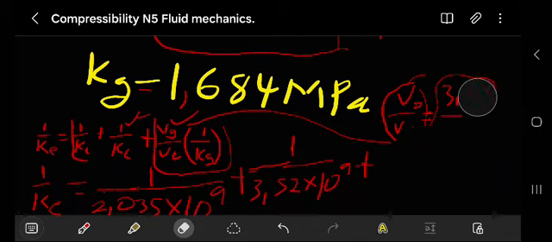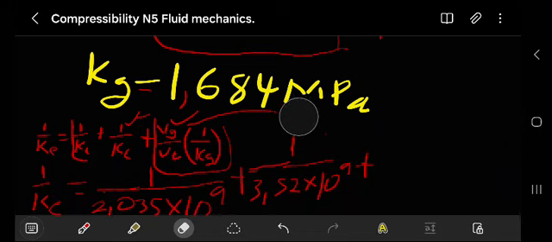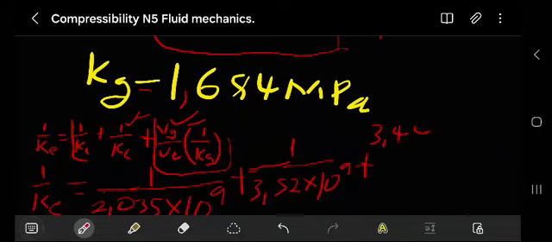So this will be 3.44 over 100 into 1 over Kg. Here is Kg, we have calculated it here.